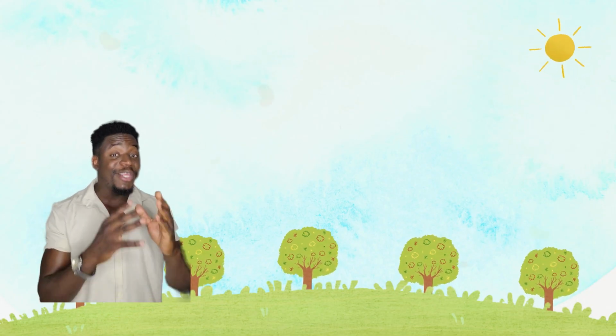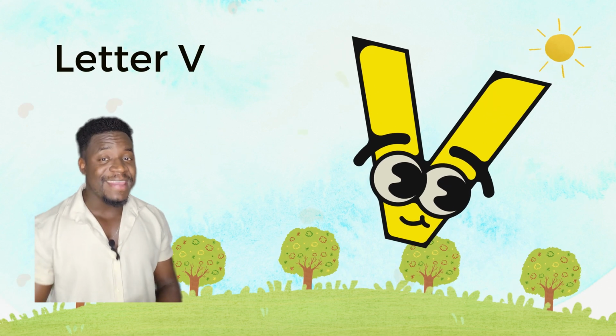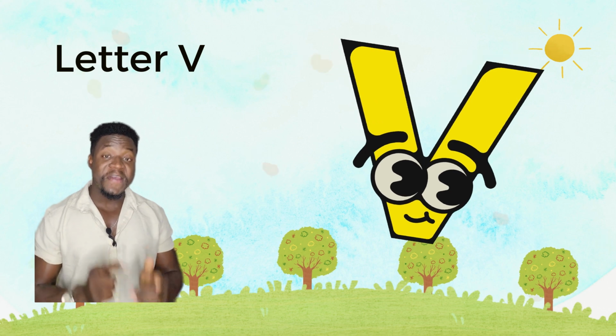After the letter U, which letter comes next? Do you know which letter is that? Think about it. Let's think about it. Think about which letter comes after U. That letter is the letter V. Okay?